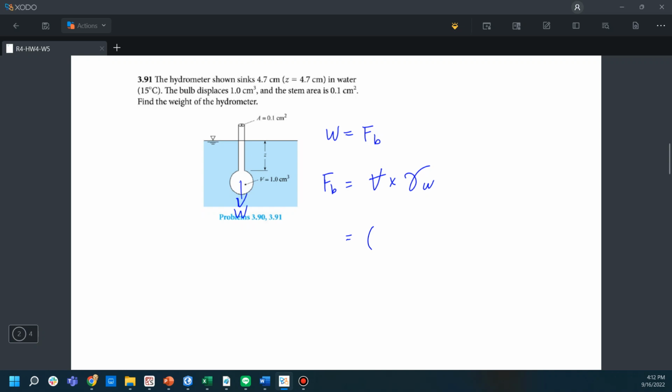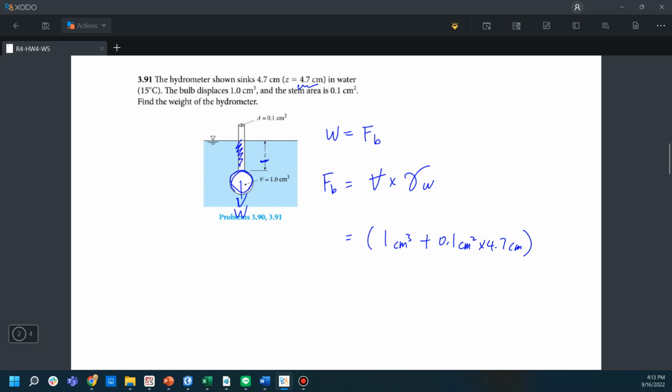The volume for this sphere is equal to 1 cubic centimeter plus the area of this tube that's sinking below the water, that is 0.1 square centimeter times z, and z is equal to 4.7 centimeter.